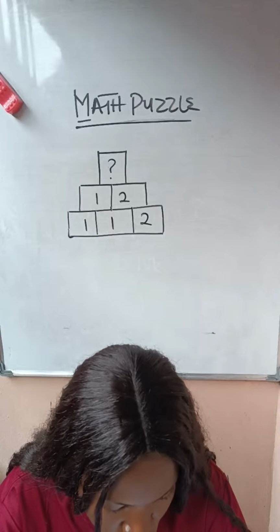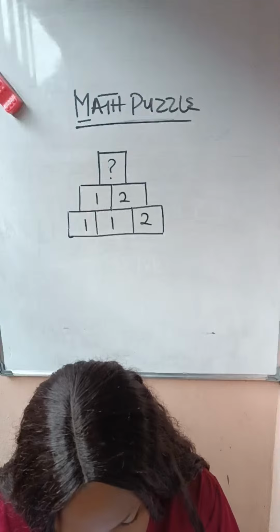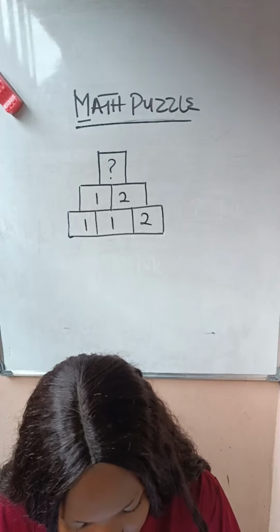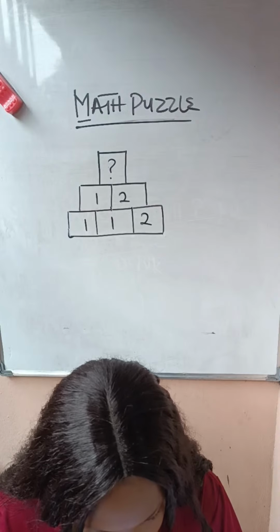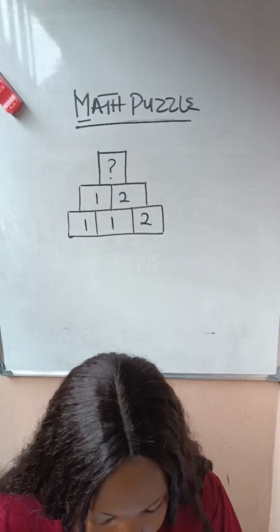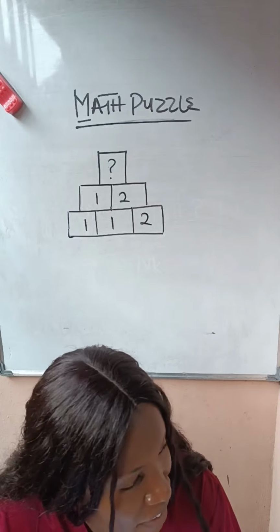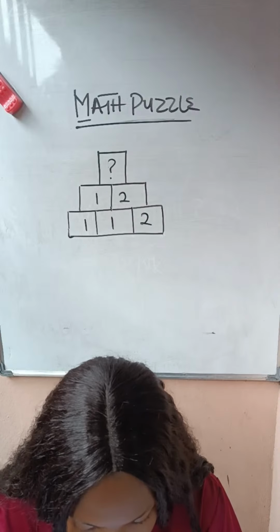It could be 2 or 1, according to AK Julius. So Babatunde says it's 1. Says the answer is 1. Okay. So what do you think is the answer?